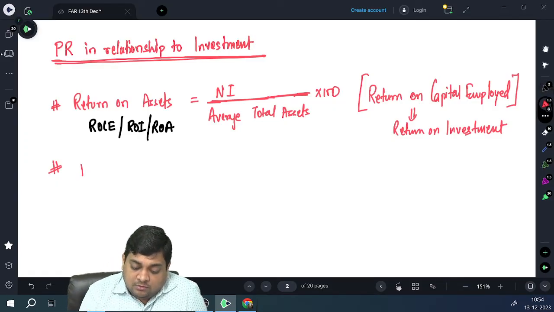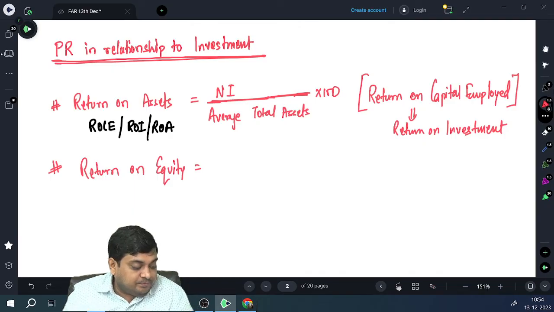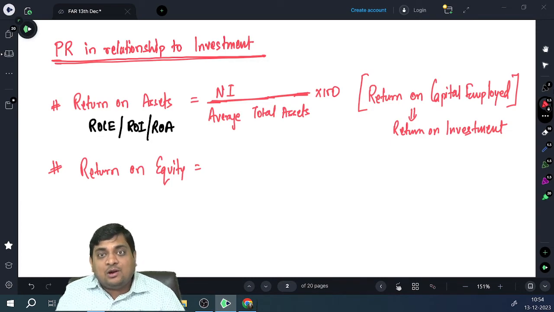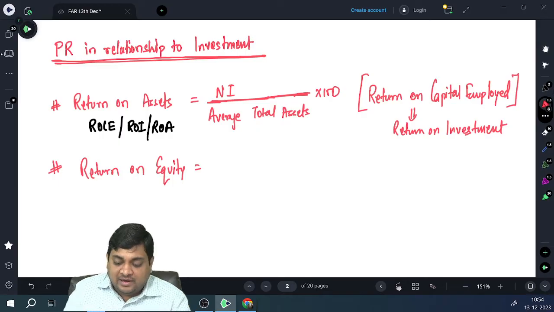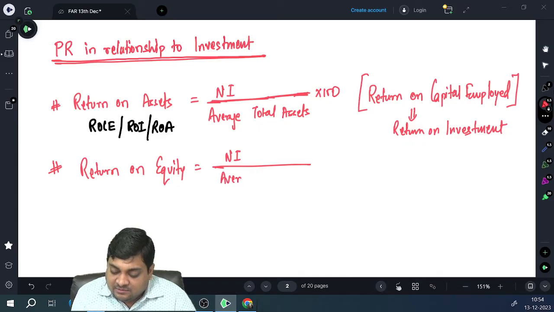Now let us talk about return on equity. Equity means the entire owner's fund. It includes the preferred stock as well as the common stock, right? So it will be net income by average shareholder equity.